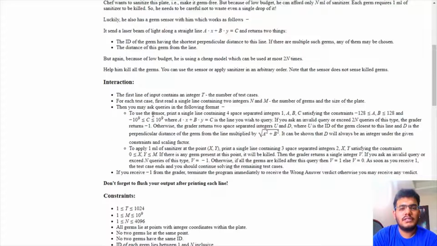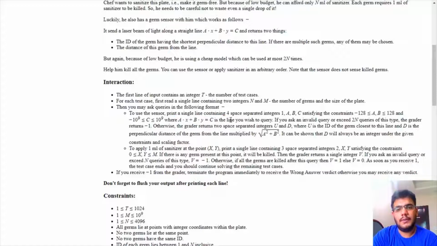If you want to use the sensor, then we need to print a single line containing 4 space separated integers: 1 a b c, with the constraint that the values of a and b should be in the range from -128 to 128, where the line represented is ax + by = c.